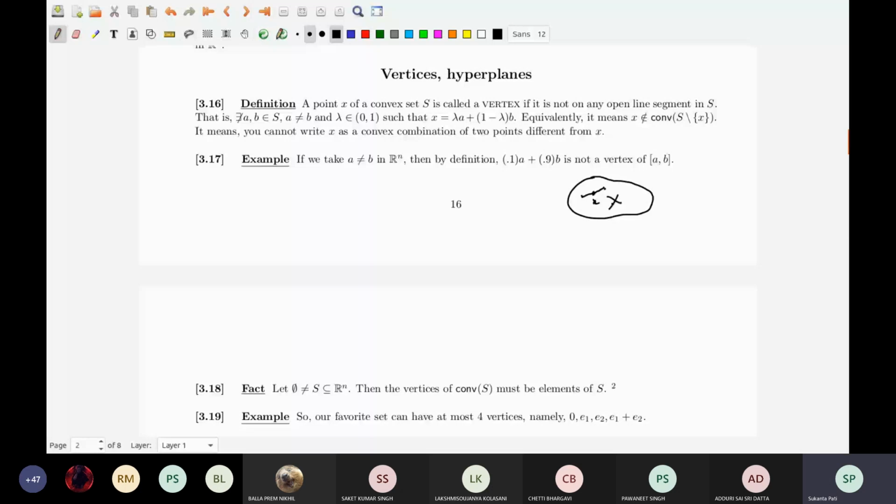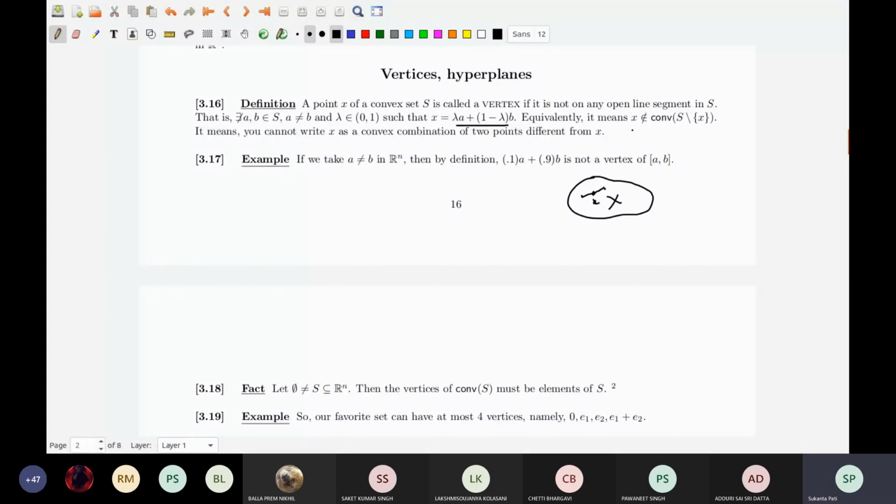It is a vertex if it is not on any open line segment. That basically means you cannot find 2 distinct points A, B and a lambda such that X is a convex combination, like X equals lambda A plus 1 minus lambda B. You cannot find such 2 points. If that happens, then X is called a vertex. Equivalently, X does not belong to the convex hull of S minus X.